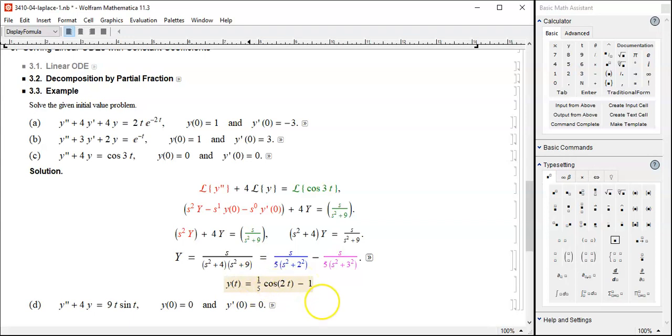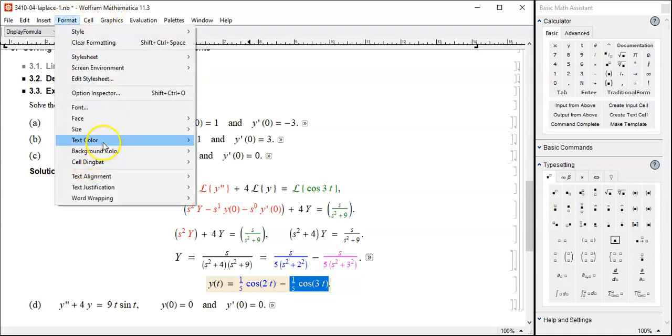And 1/5, that's the coefficient, cosine of 3t. That's blue, and that's magenta, that's pink.